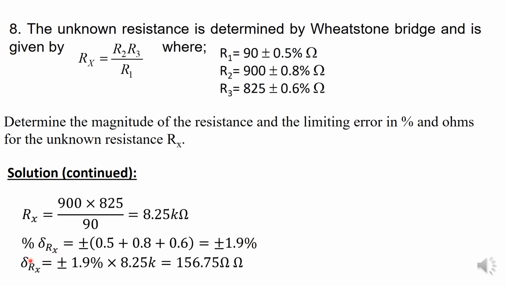How about the limiting error in absolute form, in ohms? We just multiply the percentage of error, 1.9%, with the total resistance, and we get 156.75 ohms. So this total resistance of 8.25 kilo ohm has the limiting error of plus minus 156.75 ohm.